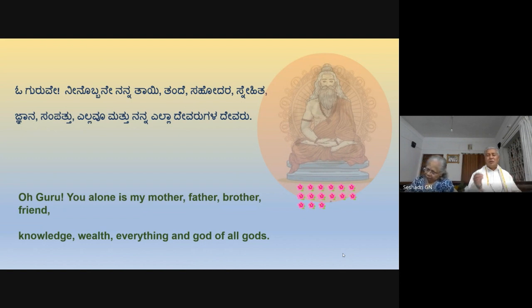There is now Guru Brahma, Guru Vishnu, Guru Devo Maheshwara, Guru Sakshat Param Brahma. Tasmai Shri Gurave Namah. Guru Brahma, Vishnu, Maheshwara. He is the Supreme Brahman. He is everything. There is nothing else.